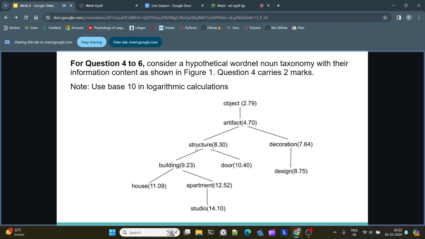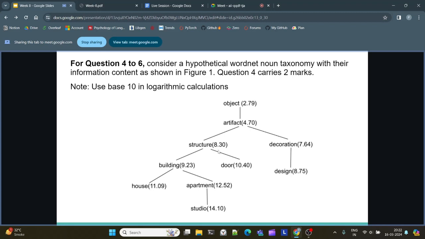The LCS would be structure itself, so it would be 8.3 again. You were wondering whether it would be structure or artifact. I understand this can be confusing, but it would be this only.